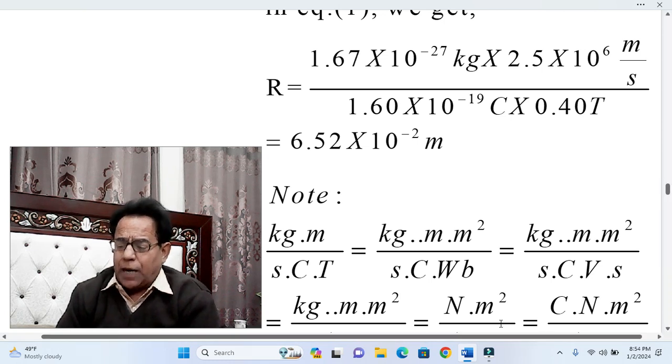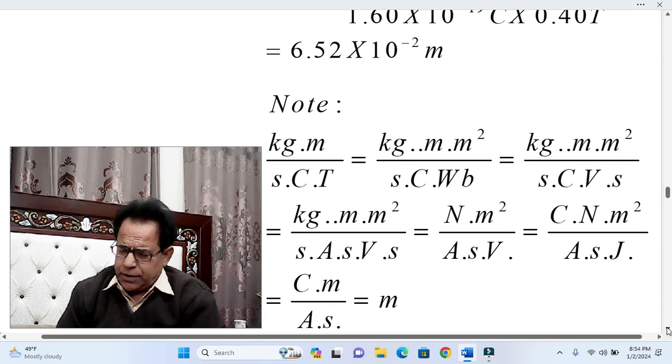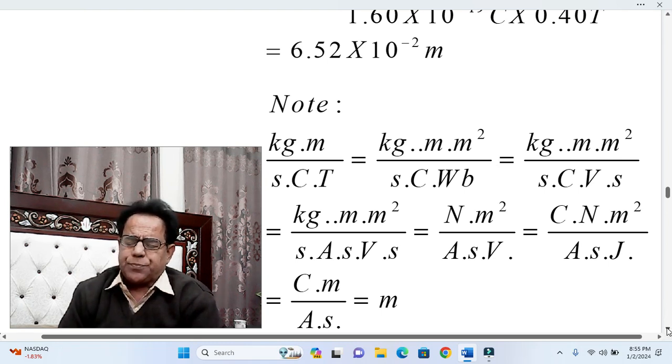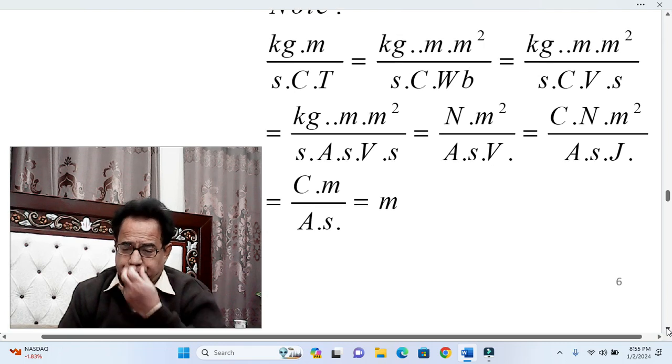Now we explain how. Dear students, this will be repeated in every part of this problem, because this will be utilized in every part, and we will copy paste this every time. Now we decide how so many units reduce into just one unit, that is meter.